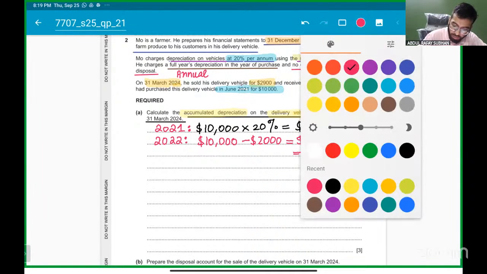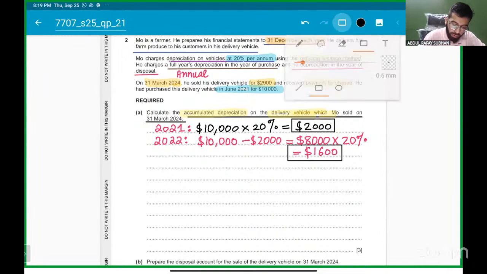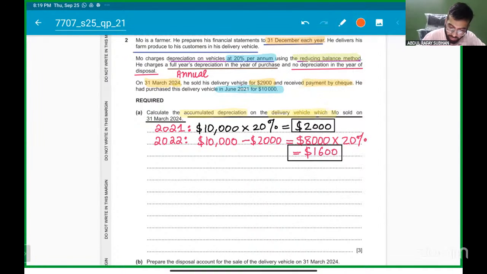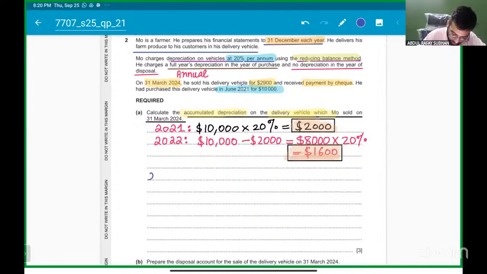It will be the first year depreciation in 2021, the year of purchase, and 2022 the second year of using the non-current asset. Then we got the third year of using the non-current asset, which is 2023. That will be cost minus accumulated depreciation, 2000 and 1600.